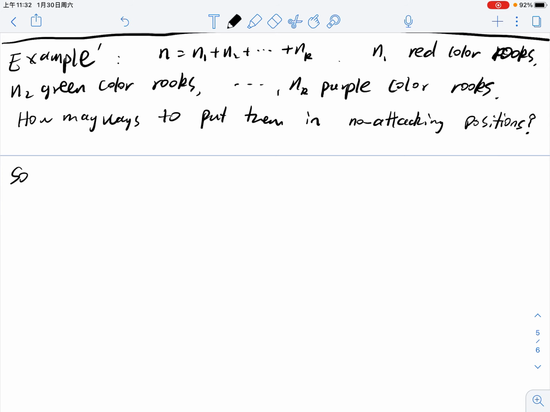So we still decompose the problem into two steps. Step 1 is the configuration, and the same.